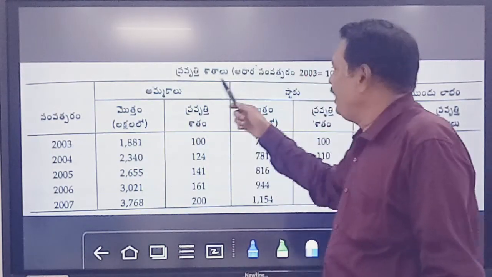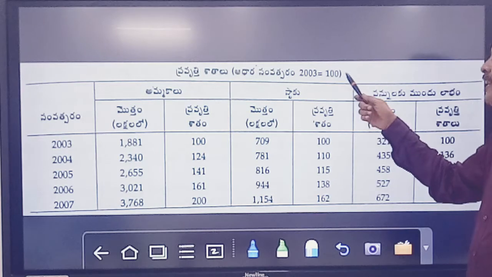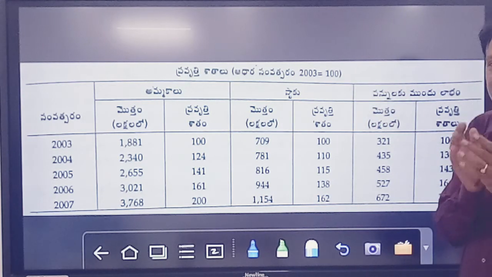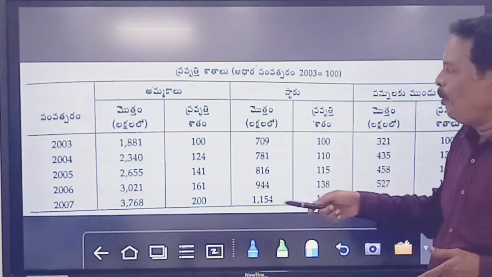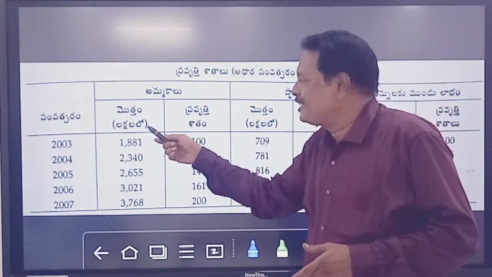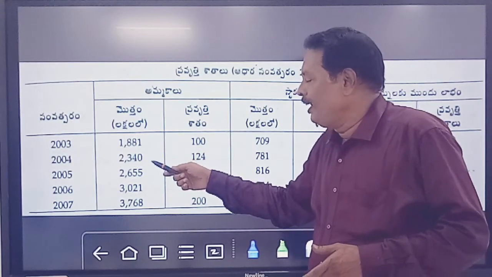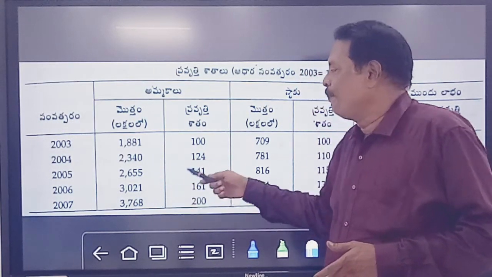Out of these 5 years, students have to take 2003 as the base year. That should be treated as 100. That is the base percentage. With the help of this base value, we have to calculate every year's percentage.